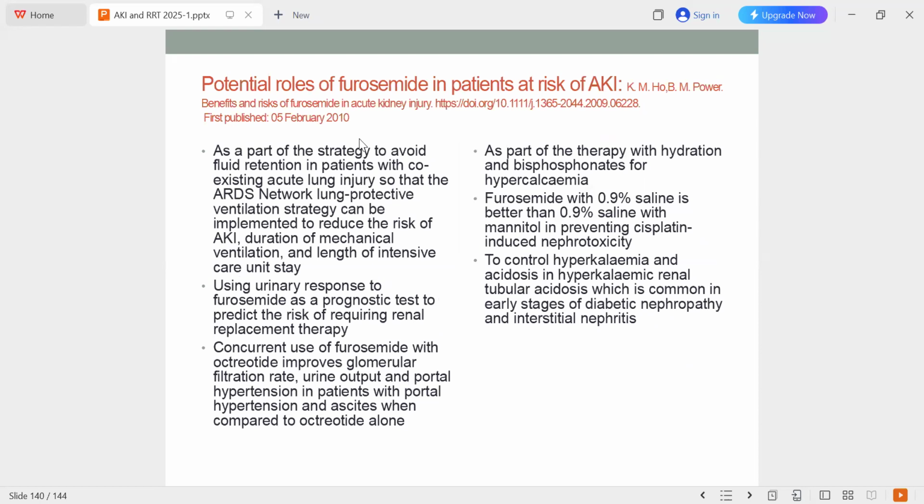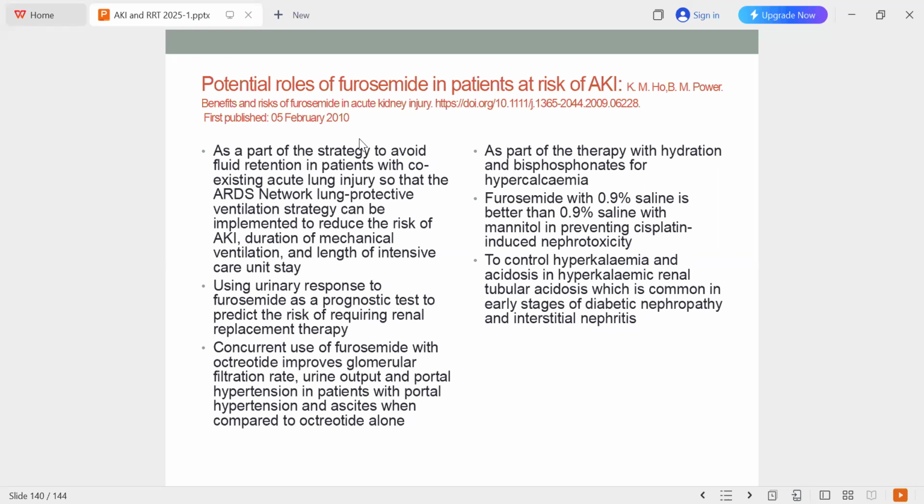So what are the potential roles of furosemide in patients at risk of AKI? Okay, as part of a strategy to avoid fluid retention in patients with coexisting AKI and acute lung injury, all right, with the ARDS Network protective ventilation strategies, it was found that furosemide can reduce the duration of mechanical ventilation and length of stay in the ICU, okay?